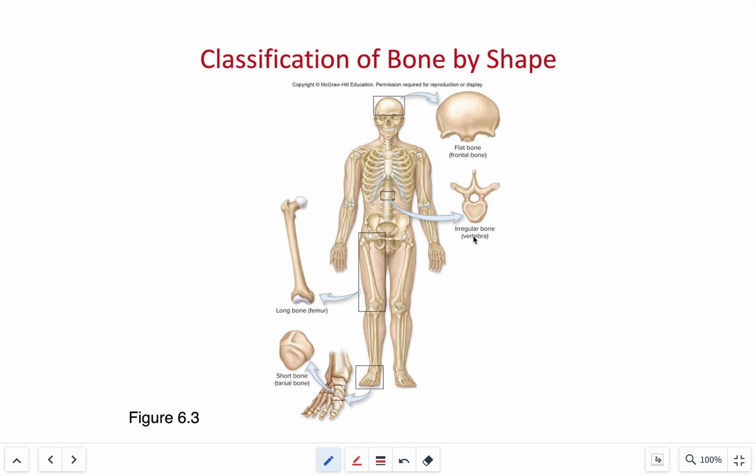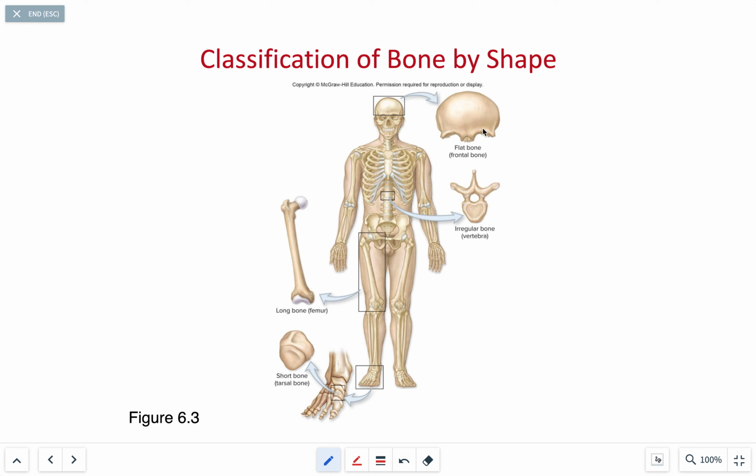And their job also is for support and protection. So we see this with the rib cage protecting the heart and lungs, or another example would be the cranium protecting the brain. So there are 6 major different types of bone shapes, and each one has a particular function also.